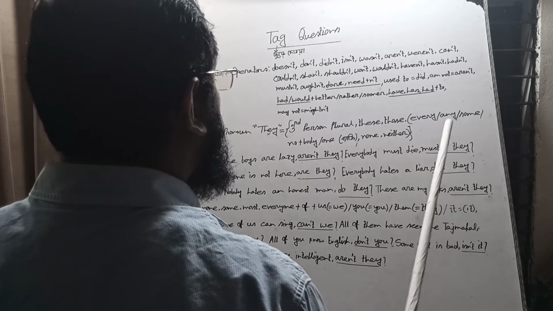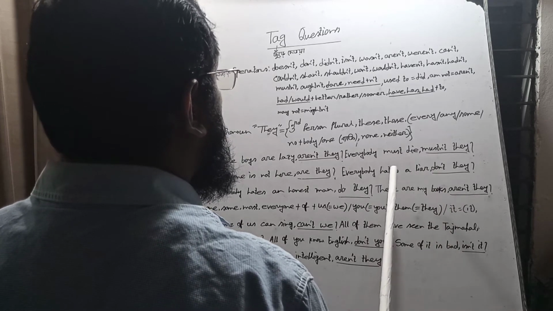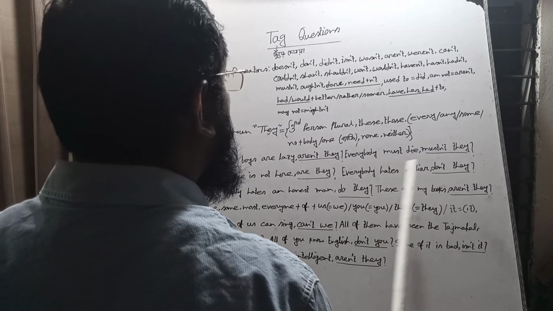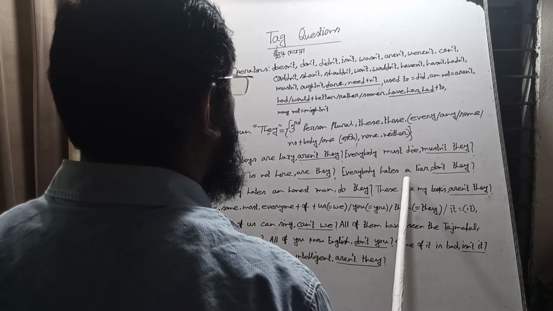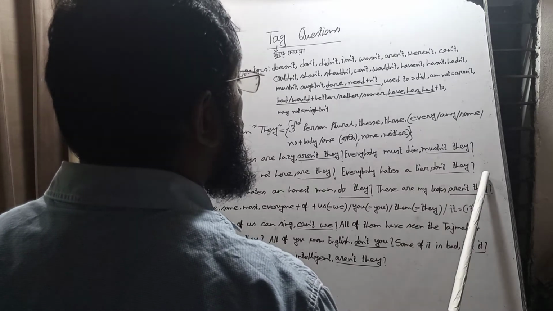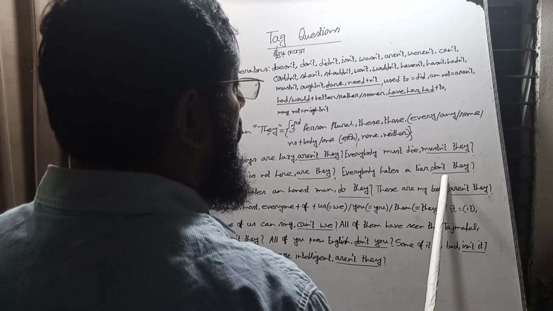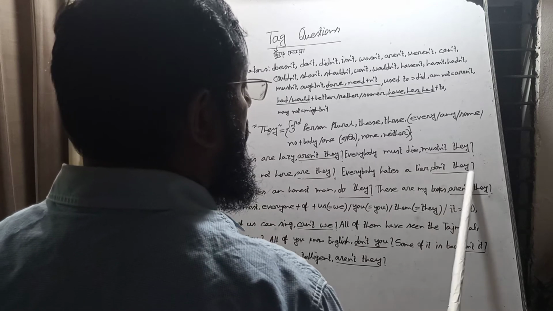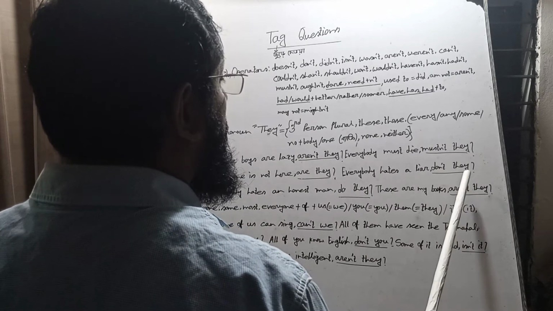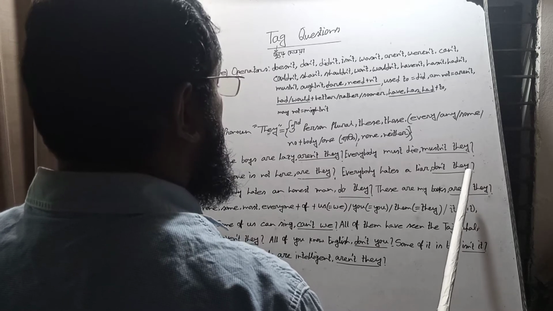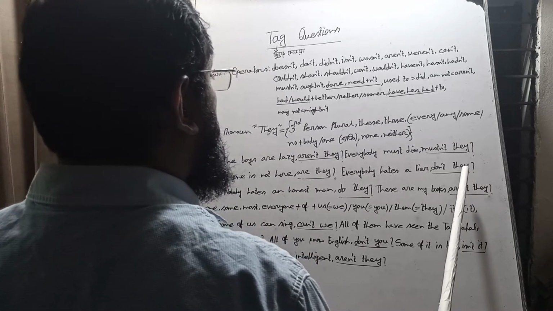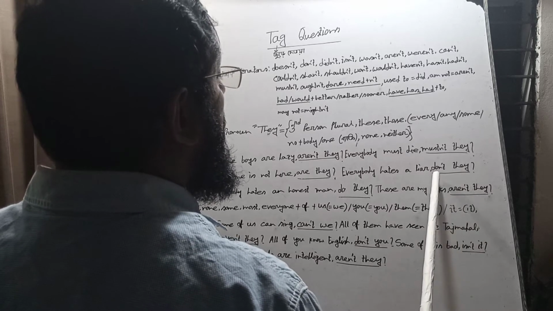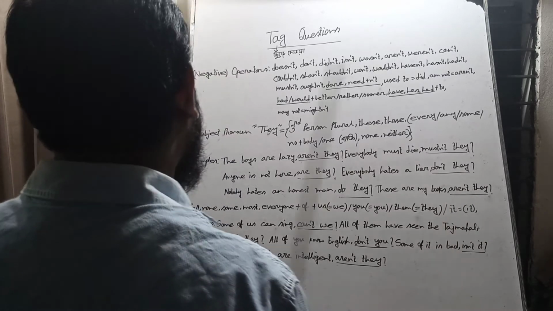We bring do as the auxiliary verb in the present indefinite tense, and the sentence is affirmative, so the tag question will be negative. So we bring not as contracted form: don't they. Though they is plural, so the auxiliary verb is plural.